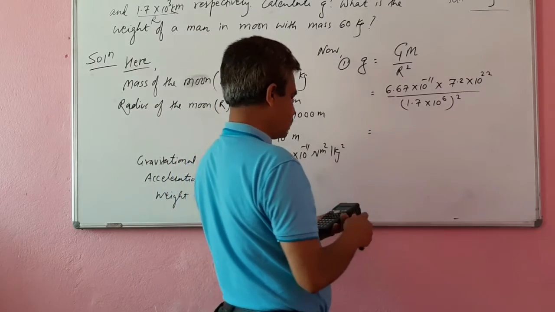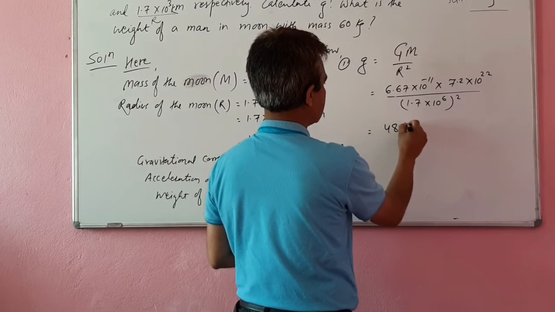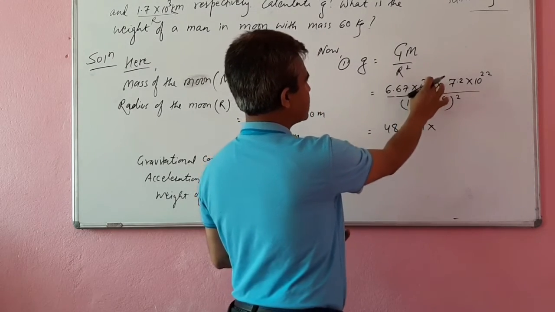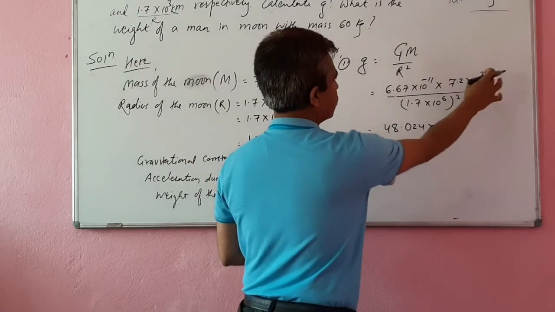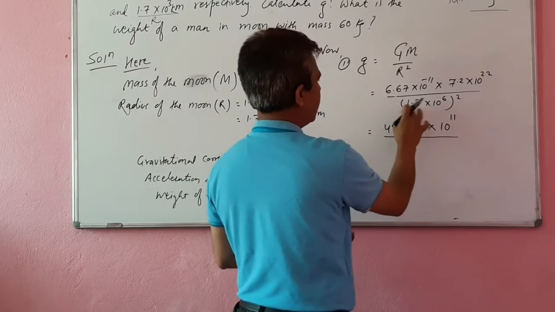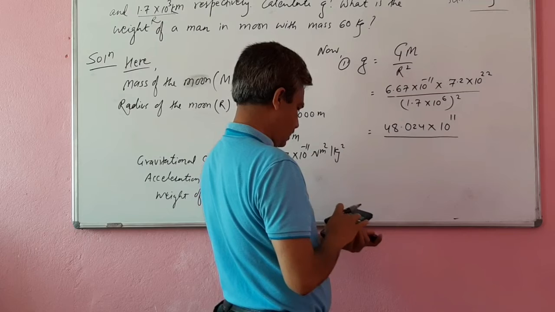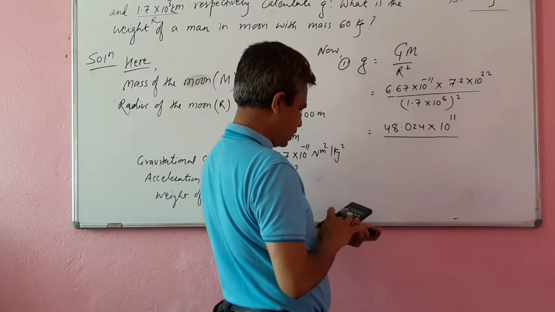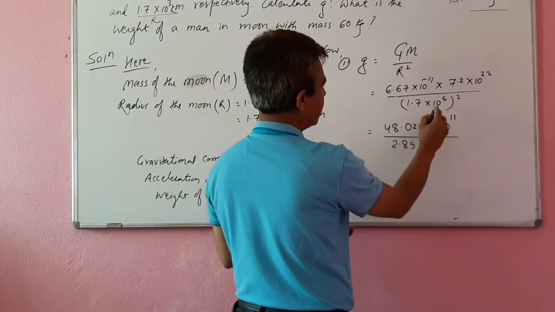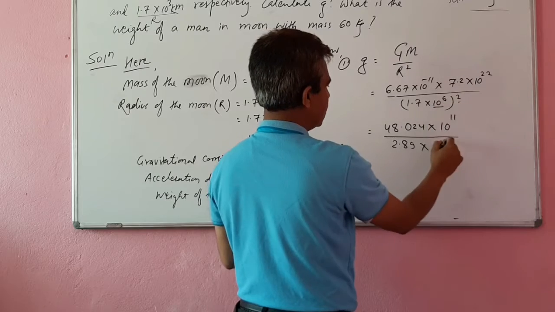It comes 48.024. 48.024 multiplied by, students look at here, 10 to the power minus 11, 10 to the power 22, means 22 minus 11, 11. 1.7 whole square, how much does it come? 2.89 multiplied by 10 to the power 6 whole square, 10 to the power 12.